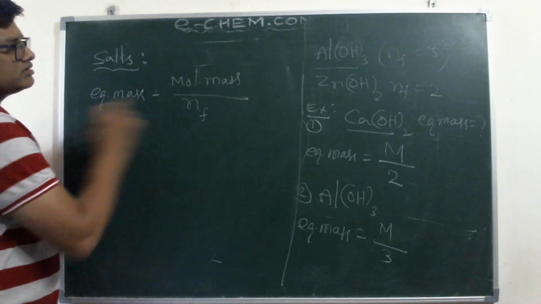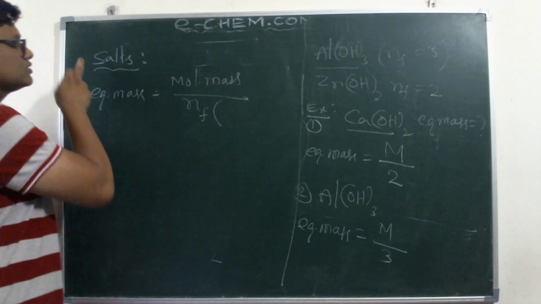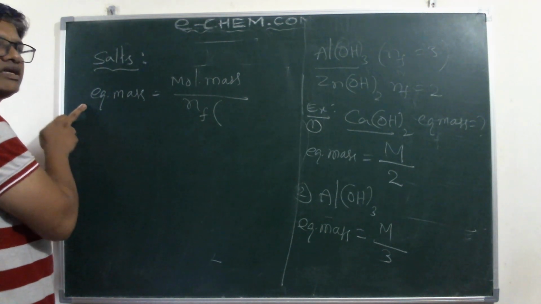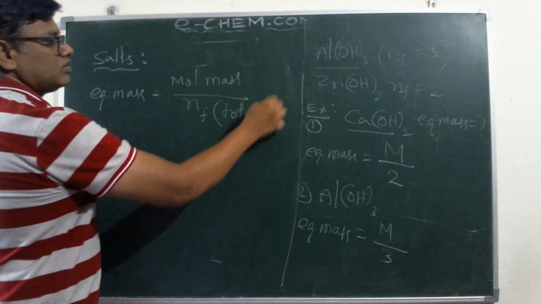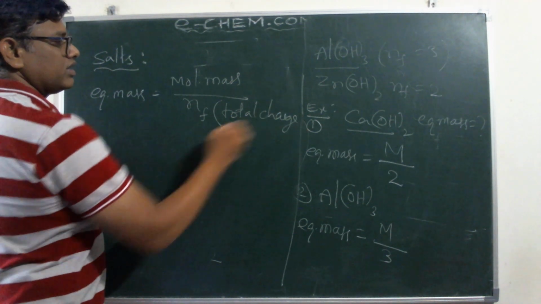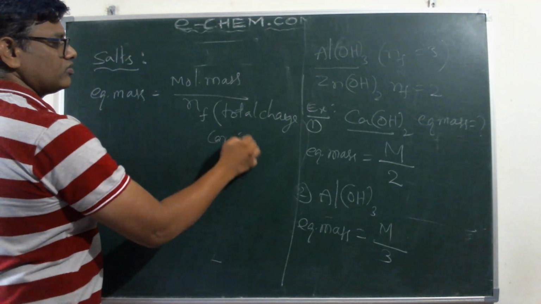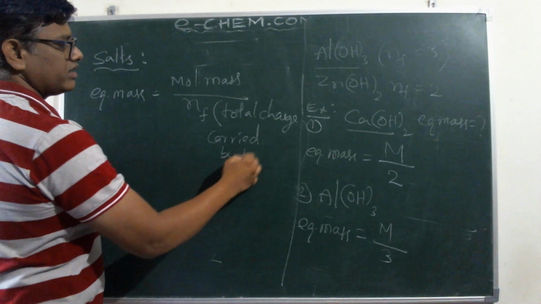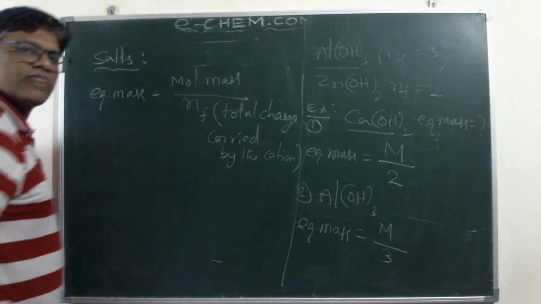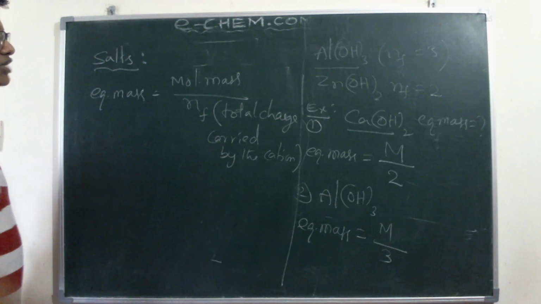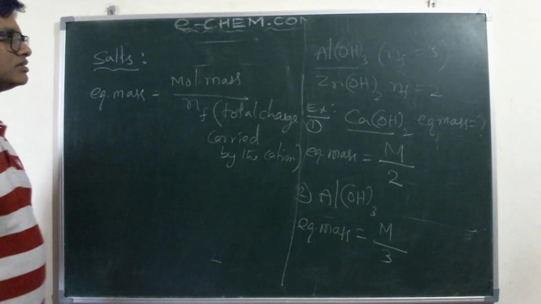The n factor, for the case of salts, is nothing but the total charge carried by the cation or anion, whichever you take. That has to be considered as the n factor.